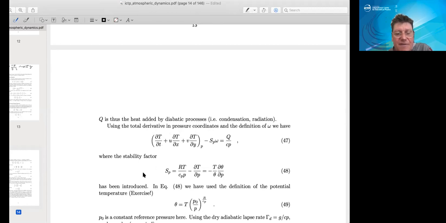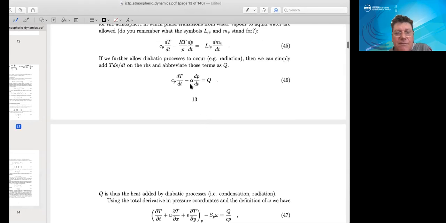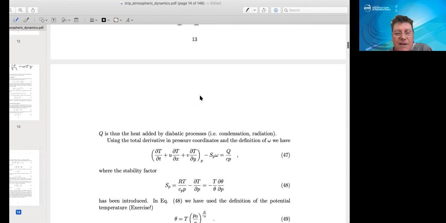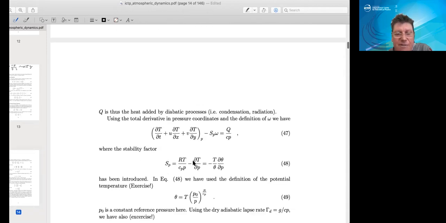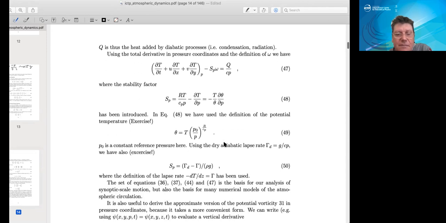This stability factor, and you will show this in an exercise, contains a term that is just taken from this, plus a term that is taken from the vertical derivative here. That can be expressed as T over theta d theta by dp. We have used the definition of potential temperature. Now it's written here. You all know this definition already from your thermodynamic course.